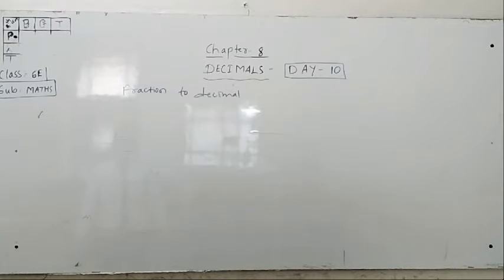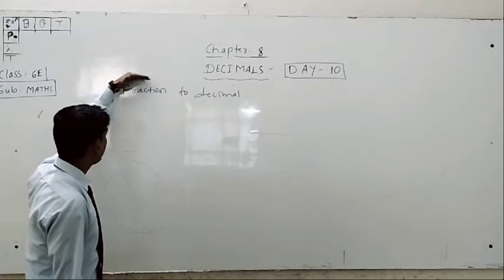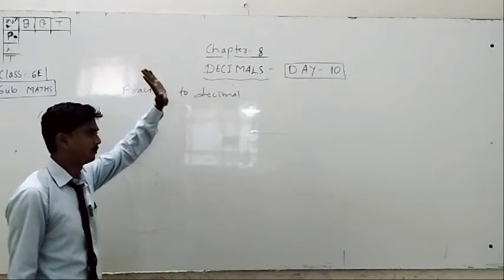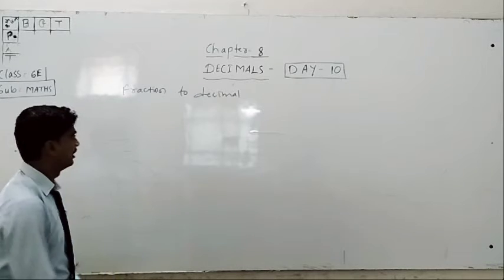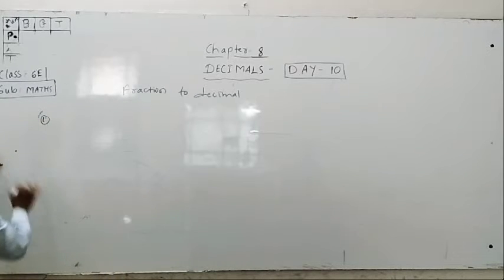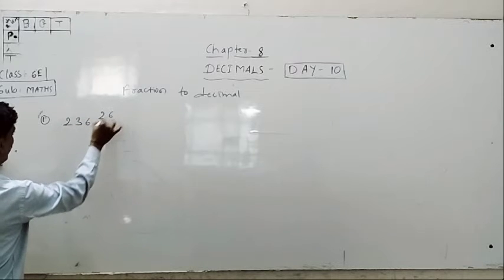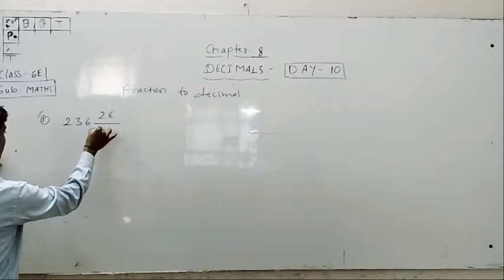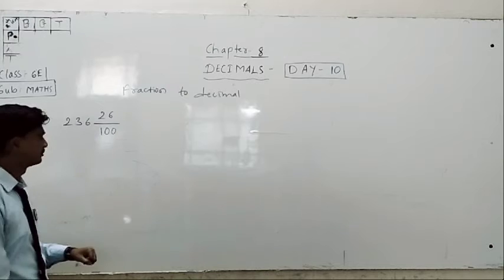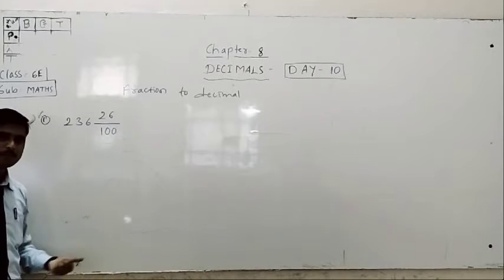Now, how to solve fraction to decimal? Understand? One example I will show you. 236 whole 26 by 100. Which type of fraction is this?